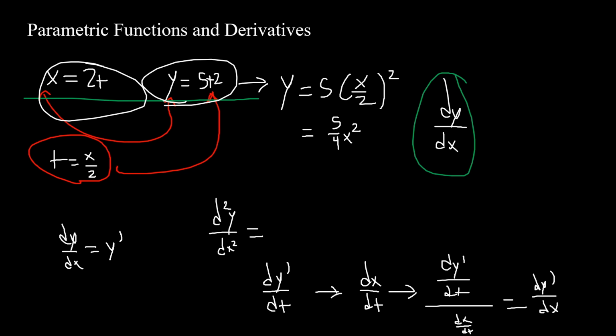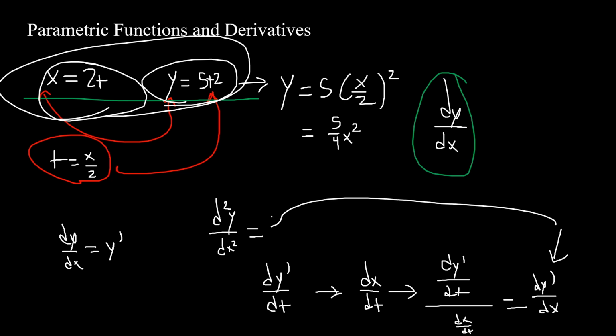What does this expression tell us? This is what we wanted to find: how the first derivative of our function changes with respect to x. In other words, this is our second derivative.